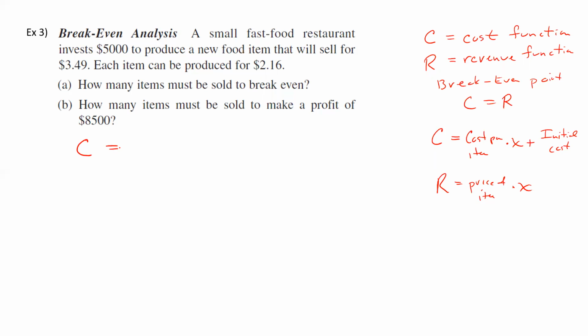Talk to me, yourselves. What's the cost function going to be? Be 3.49x plus 2.16. Or the split. It's a different way. I understood the difference of 3.49 and 2.16.